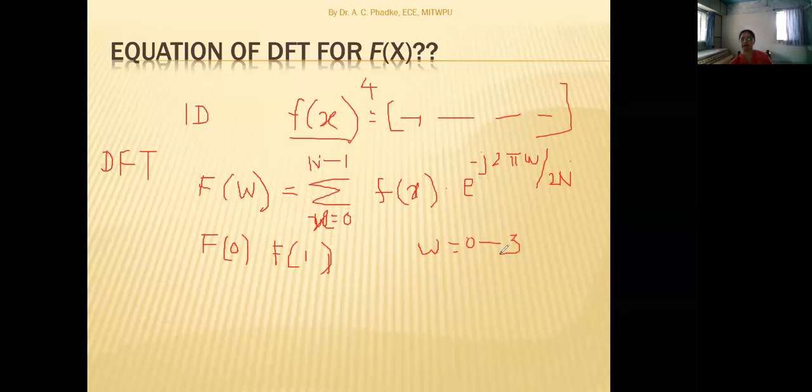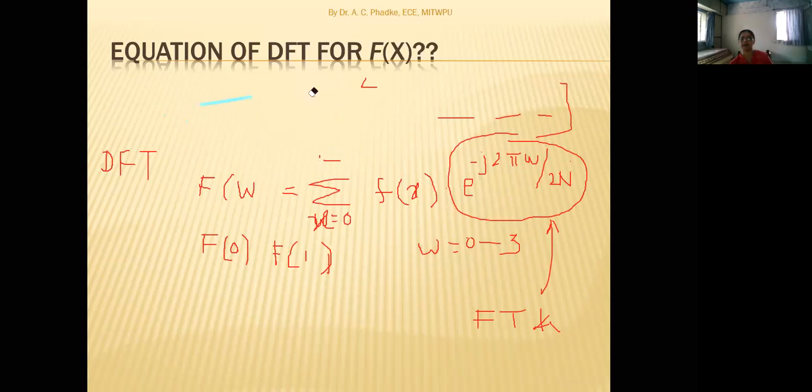This is your Fourier transform in one dimension, and this term e raised to minus j 2 pi w by 2N is nothing but your forward transformation kernel for the one-dimensional transform.